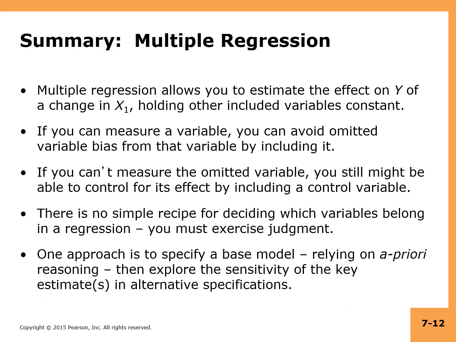So to summarize, multiple regression allows you to estimate the effect of X on Y, holding other variables constant. Sometimes you may have an omitted variable bias. In that case, you can include the omitted variable. But if you cannot include the omitted variable directly, then you can include a control variable that is correlated with the omitted variable.